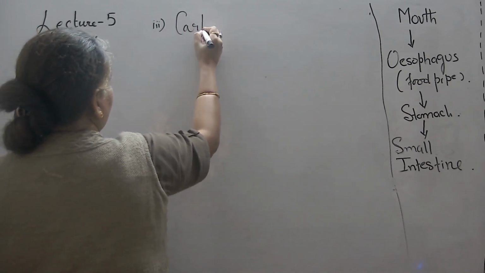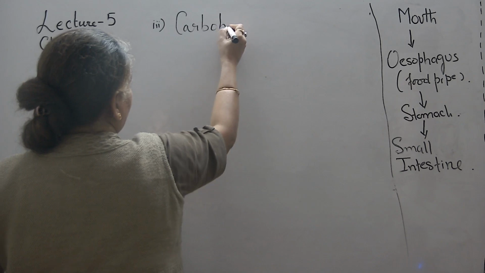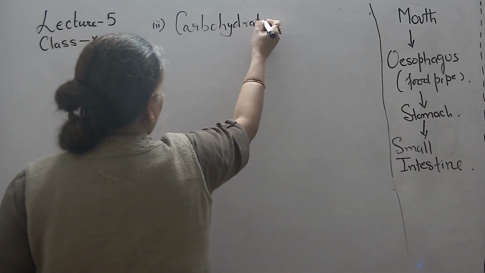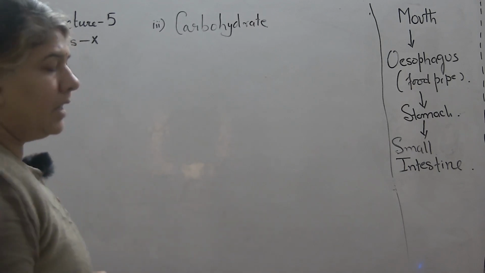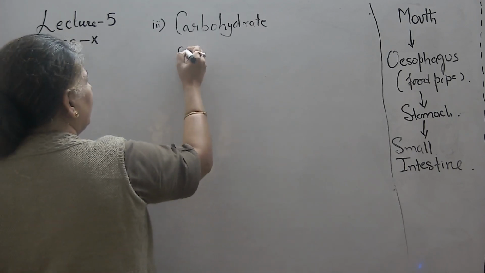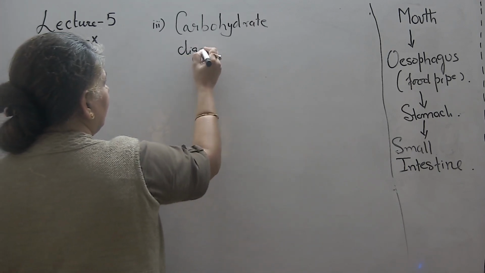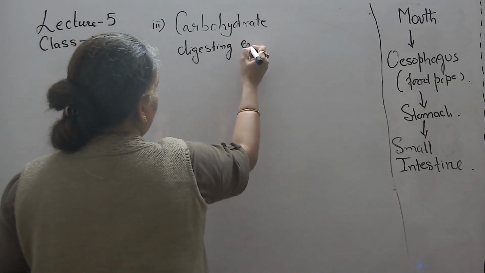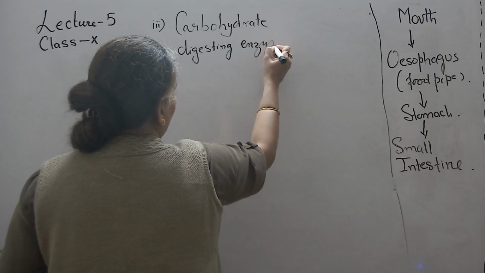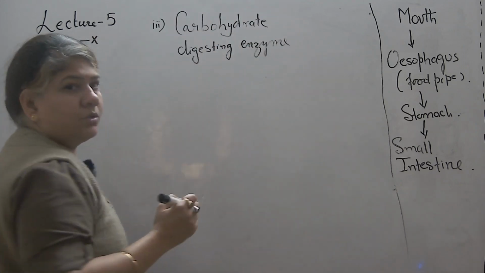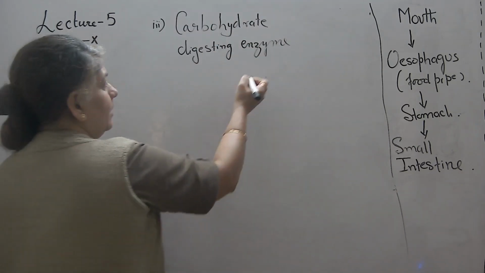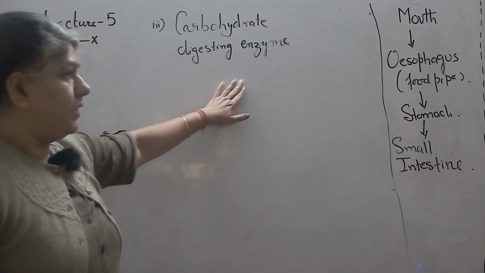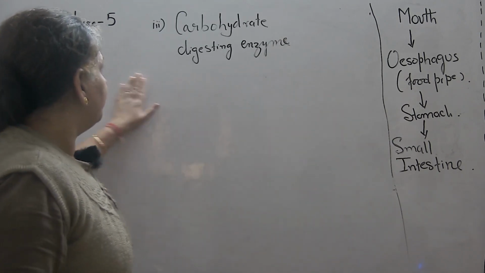Carbohydrate digesting enzyme. So we see that there is no single enzyme but multiple enzymes that are acting on different types of carbohydrates.